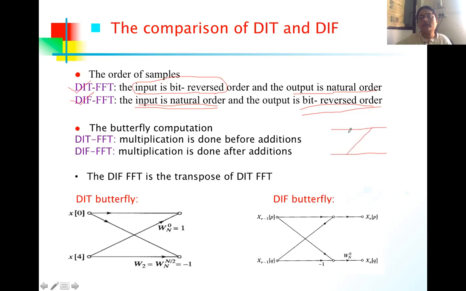Let's say this is the x of n point, and this is the x of n plus n by 2 point. Before going for complex addition, these points are multiplied by the twiddle factor, which means the complex multiplication takes place first in the DIT algorithm.